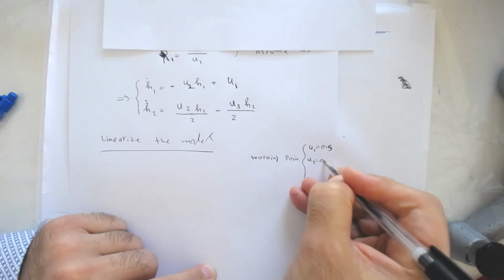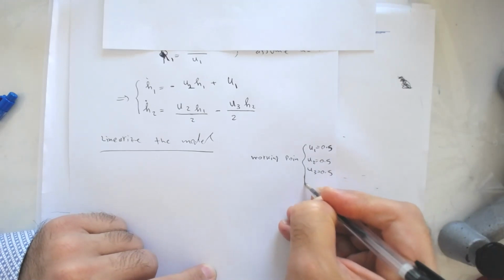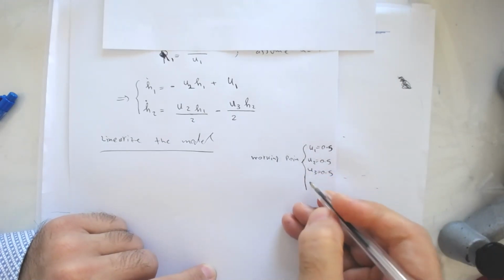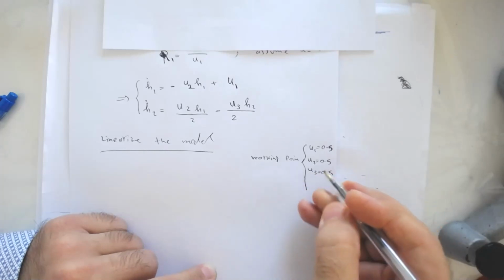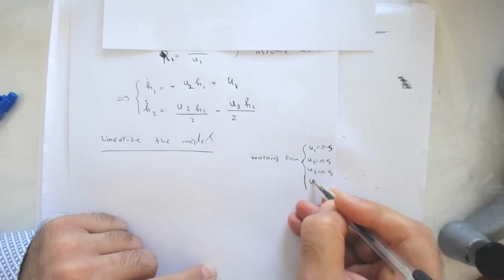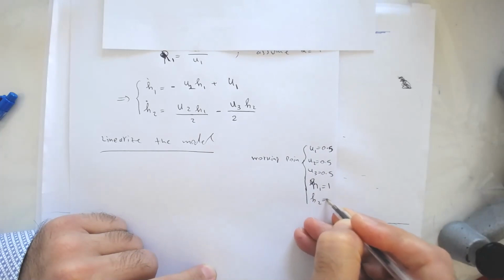U2 is also 0.5, U3 0.5, because they are 50% open. Therefore, what we get for the levels, H1 is 1 meter, H2 is also 1 meter.